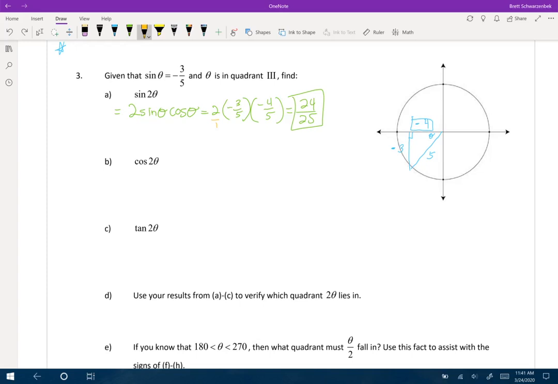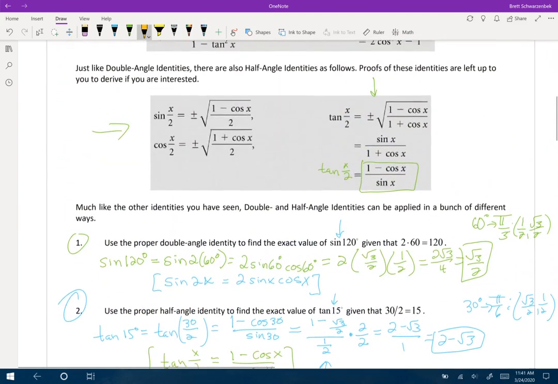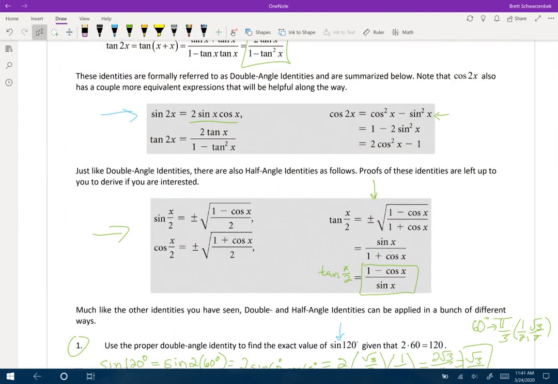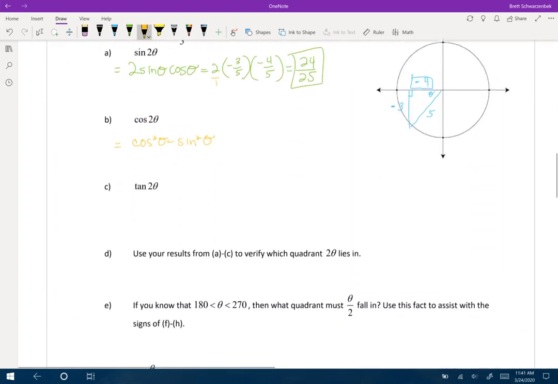Okay, so the cosine of 2 theta is equal to cosine squared theta minus sine squared theta. Just to be clear, if we go up here, you can clearly see that is right here, right? So we're going to move on with that.